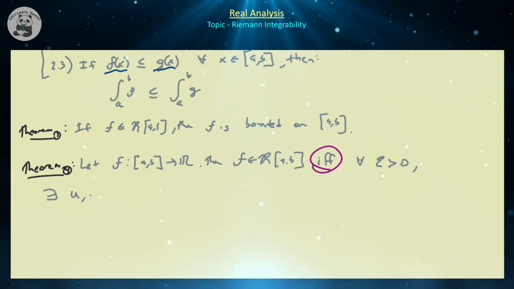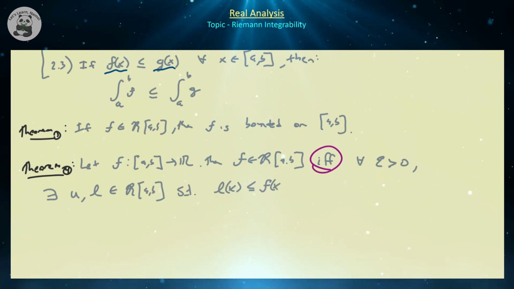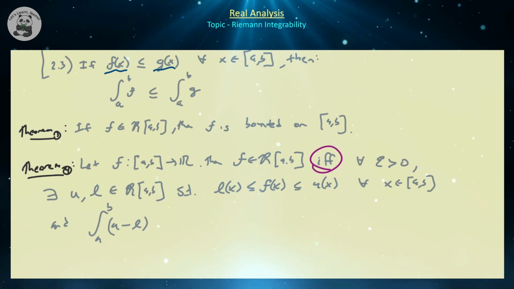exist these functions, which I'm going to call u and l, that are both Riemann integrable on [a, b]. So you have to start off with a base class of Riemann integrable functions, u and l, such that l(x) is less than or equal to f(x), less than or equal to u(x), so we have lower and upper bounds for f for all x in [a, b]. And the Riemann integral of the difference of these functions, u and l, must be able to be made arbitrarily small.